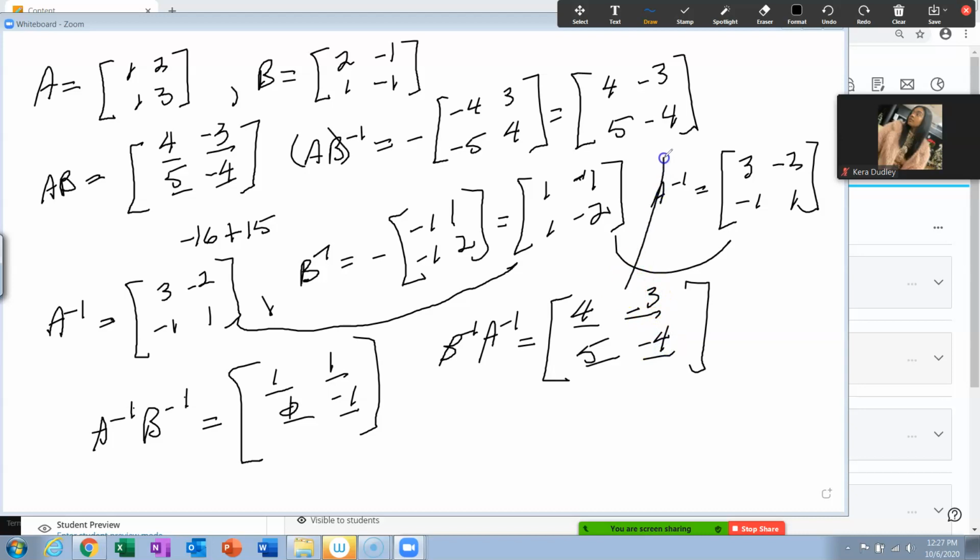Uh-oh, look at that. That's the same as AB inverse is the same as B inverse times A inverse. Not the same as A inverse B inverse, but it is the same as B inverse A inverse.